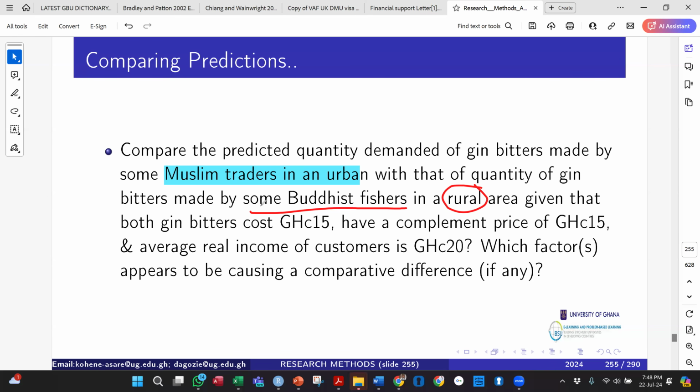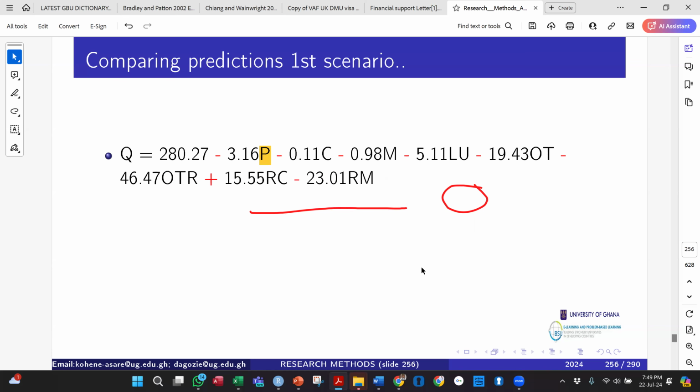If we go back to this point, Buddhist fishers in a rural area, what do you think the price here will be? Because remember, those ones were the same. So the price you got? 15. It doesn't change. So the price will be 15 here. What about the complement price? That will also be 15.